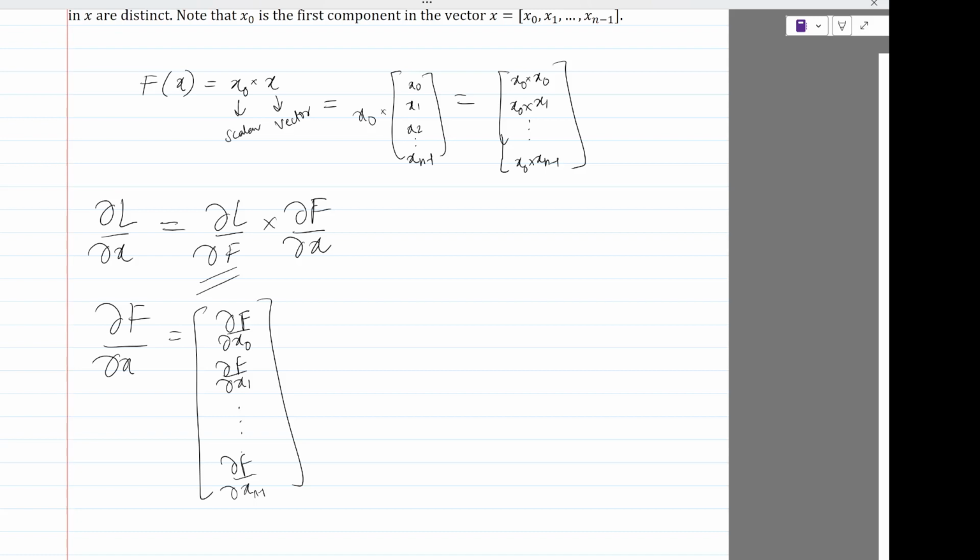then what do we get? So you have to take the partial derivative with respect to the first thing.